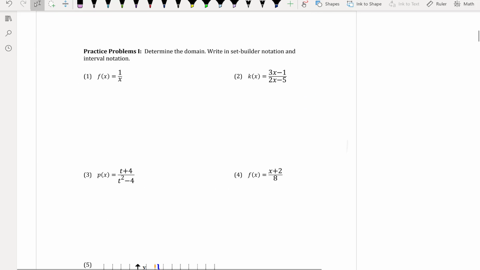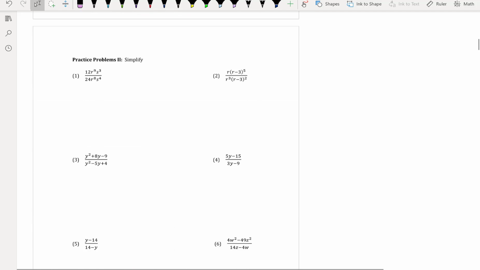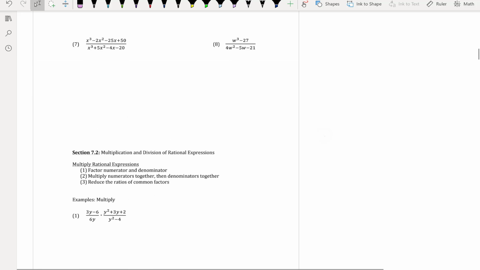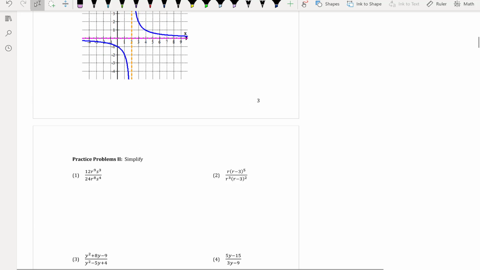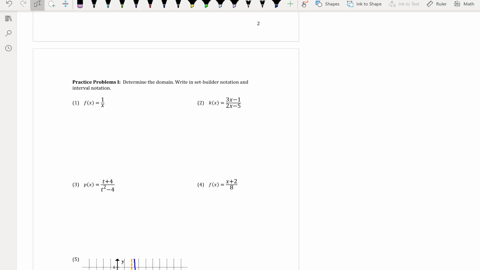So now in the next section, we're going to have some practice problems. So we have practice problems all the way to the end, well, I guess to the top of page 5. So these are all our practice problems. So the first set of practice problems is figuring out the domain. Remember, for the domain, what we want to make sure is that our denominator does not equal 0.